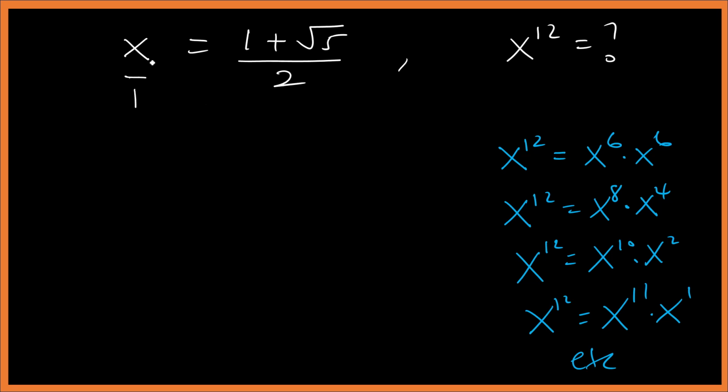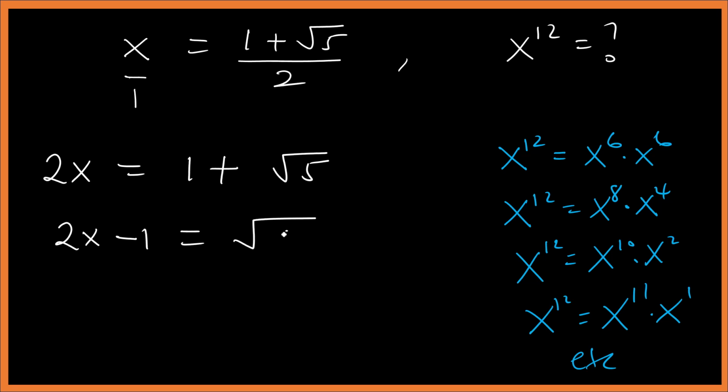So 2 times x is 2x equals 1 plus root 5. Now let me send the 1 to the left hand side. That will be 2x minus 1 equals root 5.